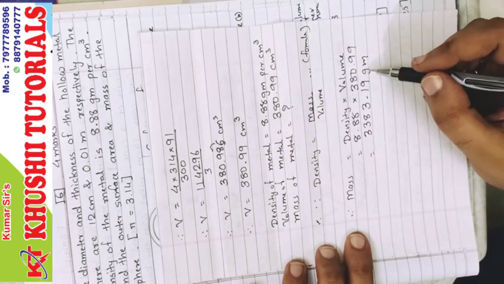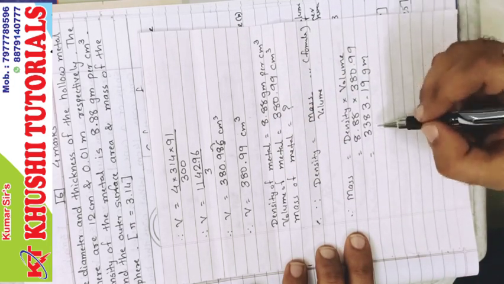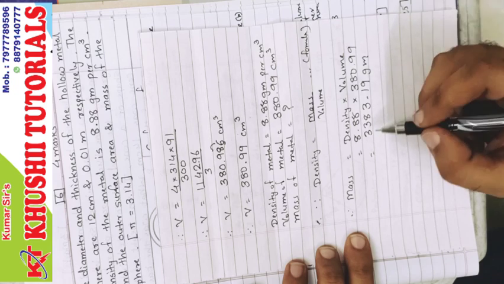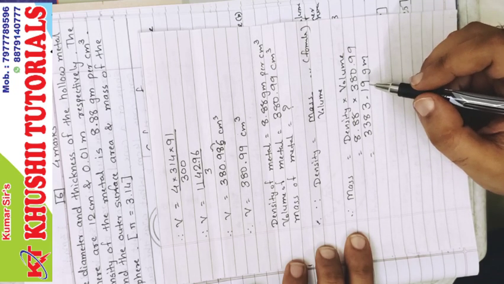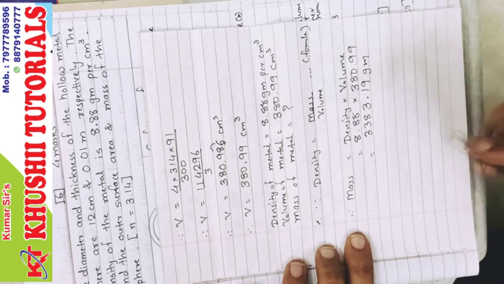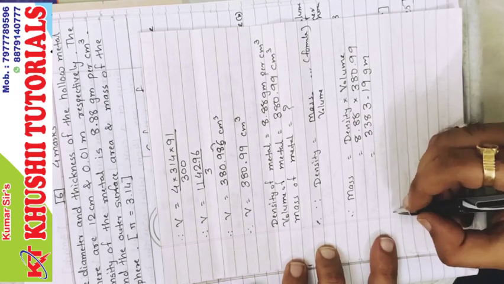If you want to convert, you can convert into kilogram just by dividing by 1000, but as per the back answers it is given in gram itself, so we are not converting into kilogram.